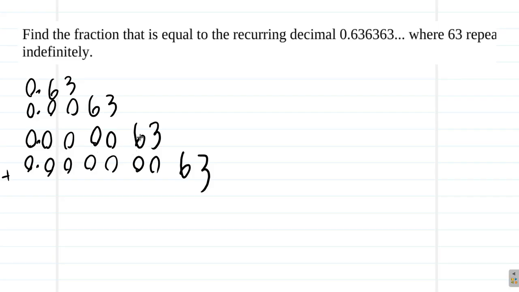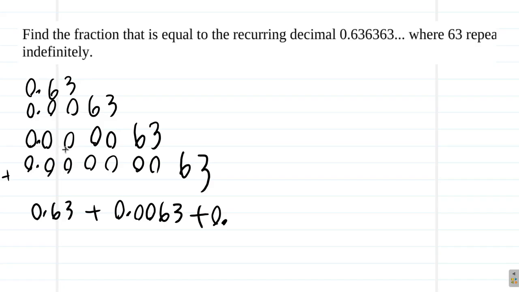So here now, let us write out these parts of the series sideways, these terms. This is 0.63 plus 0.0063, right? That's this part, plus this part is 0.